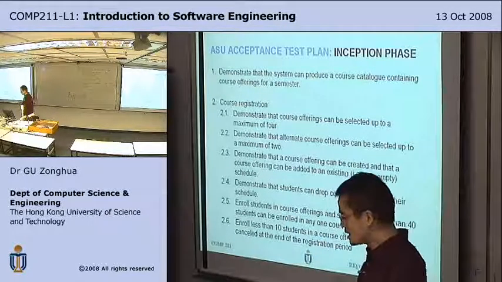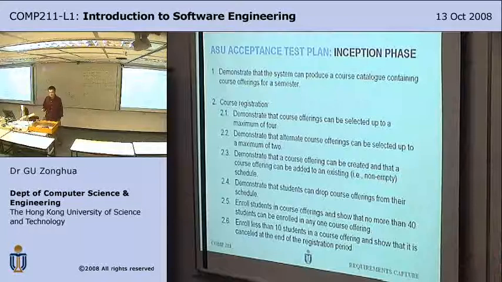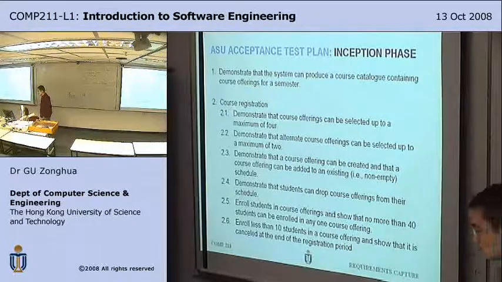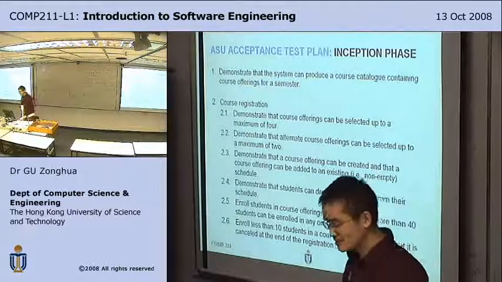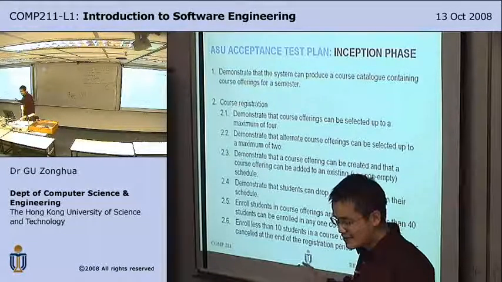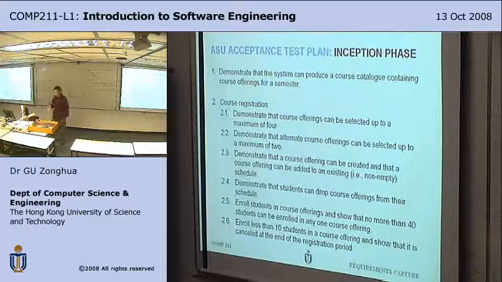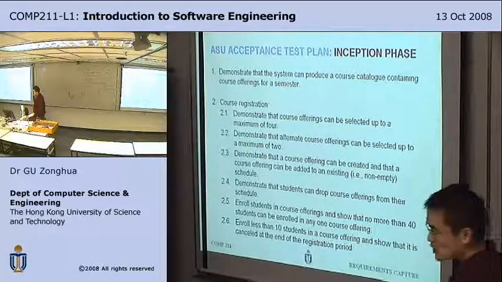So this is a more action-like statement, more executable, while the previous one is more declarative, even though they describe pretty much the same thing. So this is saying, okay, enroll students in course offerings, try it for 41 students, and see what happens.